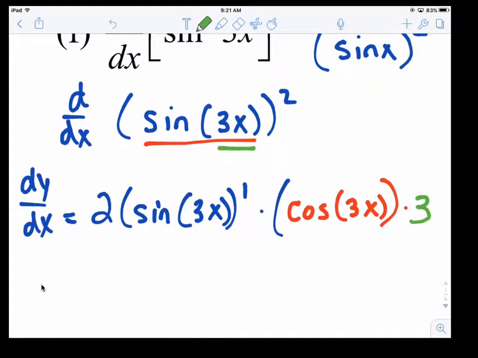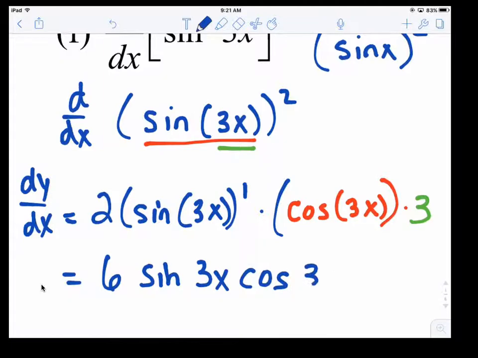Okay, so if I clean it up now, that leaves me with 6 sine of 3x cosine of 3x.